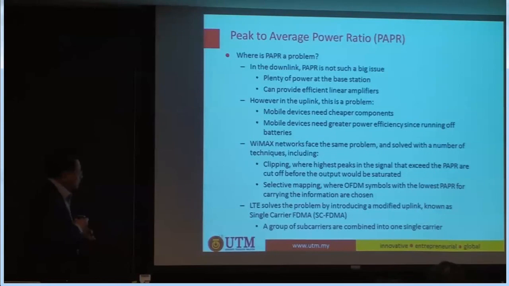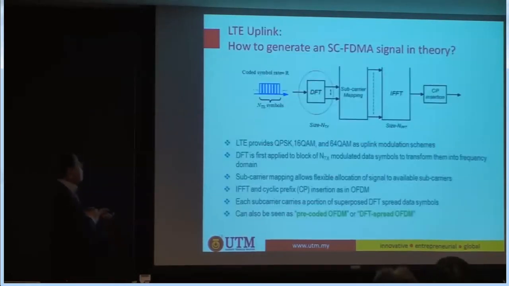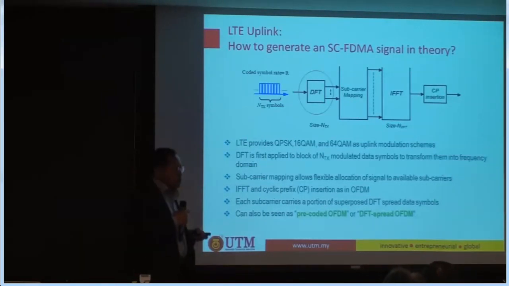Now we want to understand what is meant by single carrier FDMA and what is the difference between OFDMA and single carrier FDMA. As you know, for the uplink, the only component they need to add into the transmitter, and in the receiver, is the DFT, the discrete Fourier transform. LTE can provide this for the uplink, because for the uplink it depends on the category of your unit.